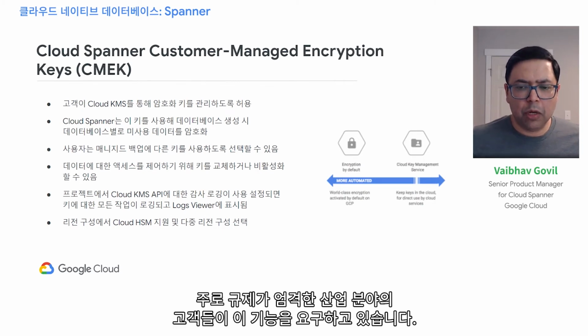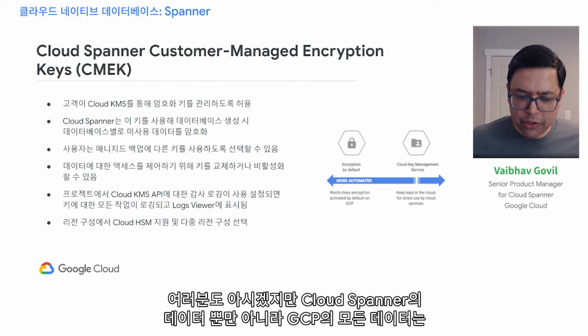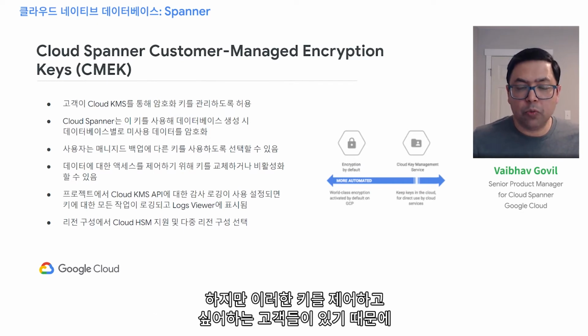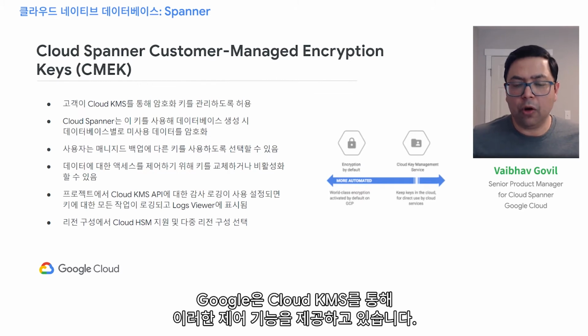This is the other thing which we launched at the end of March, customer managed encryption keys. This is primarily a key request from a lot of our regulatory industry customers. As you know, not just in Spanner, but all data in GCP is by default encrypted using Google managed keys. But in this case, customers want to control that key, and we are offering that control through Cloud KMS.